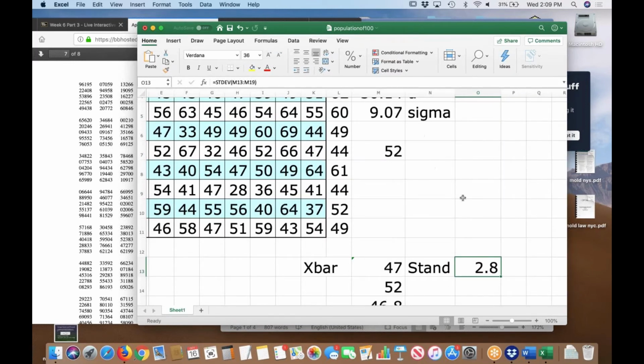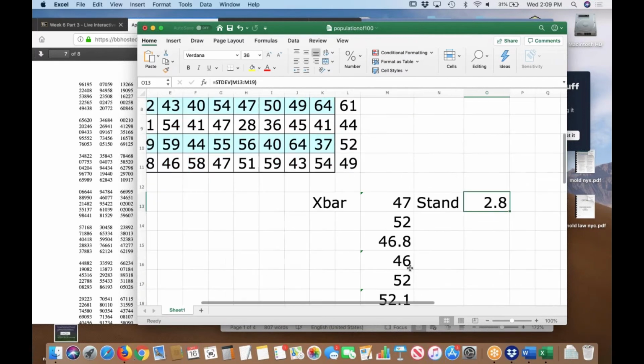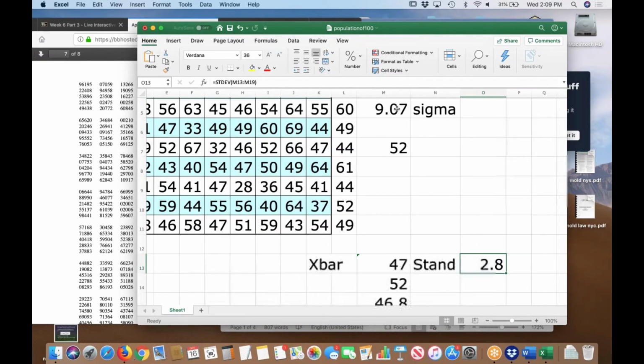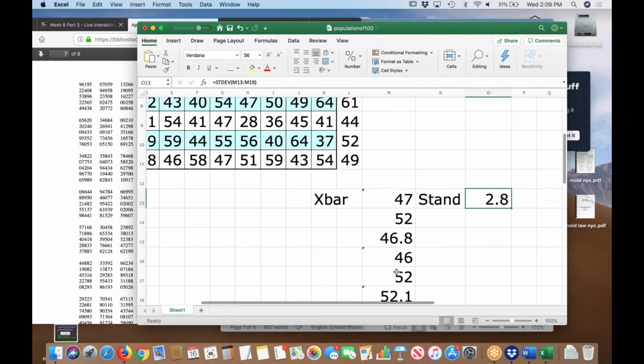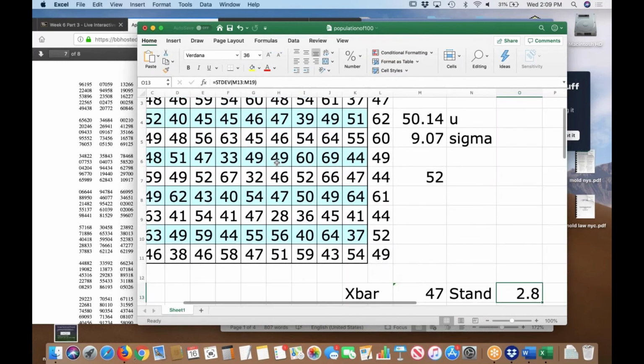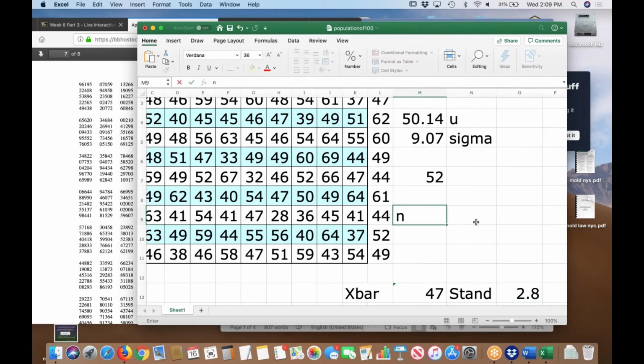The variability of our repeated samples is much smaller than the variability of the population. Anybody want to hazard a guess what's the ratio between these two? It's 3, right? The variability of the sample means is 1/3 of the variability of the population. What was my sample size? My sample size was equal to 9.